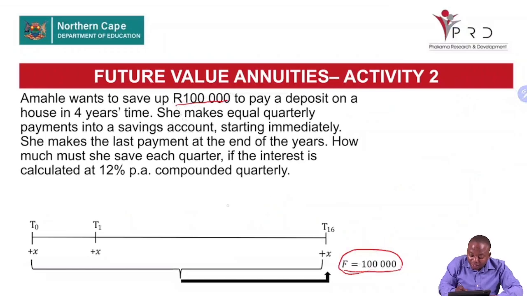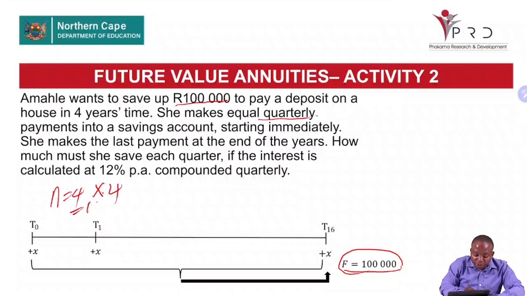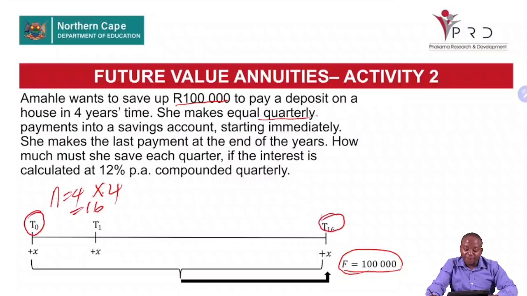So the period there, our n, is equal to 4 years. Now she makes equal quarterly payments. Remember, n represents the number of payments. So the number is 4 multiplied by the compounding period, which is another 4, which is 16. So that means we are moving from T0 to T16. Hence we have the T16 there.